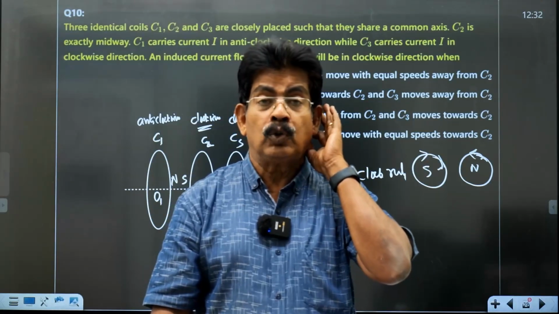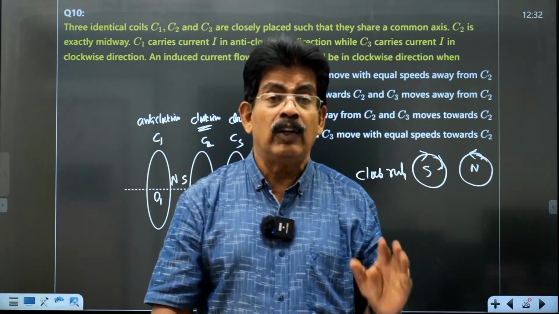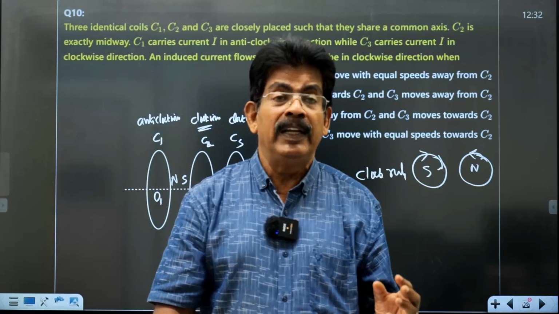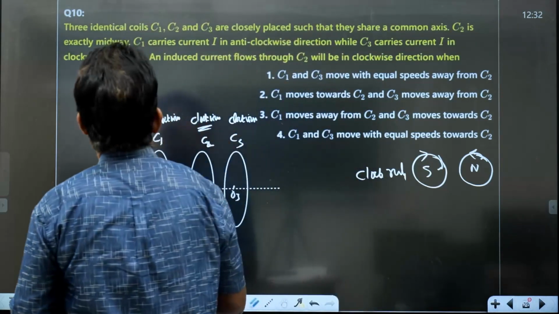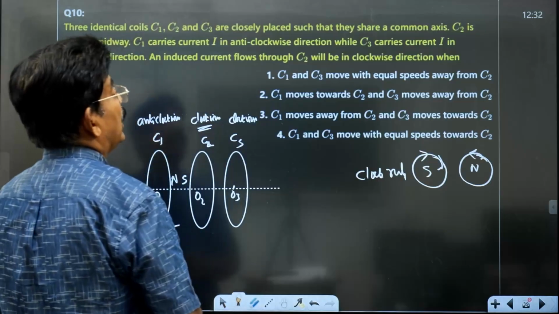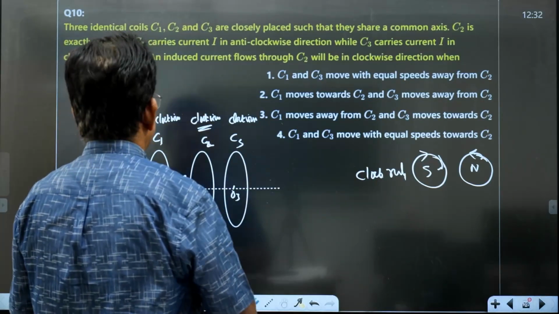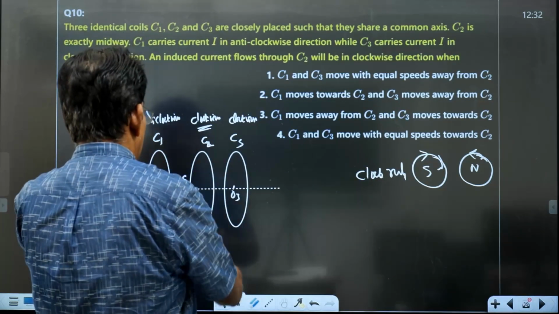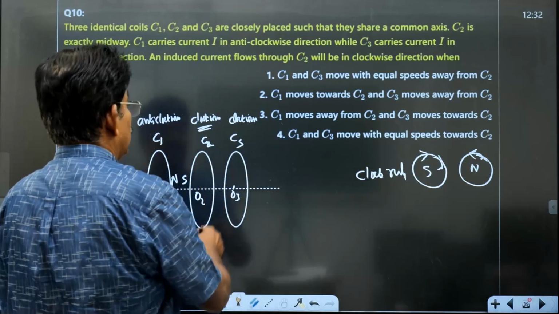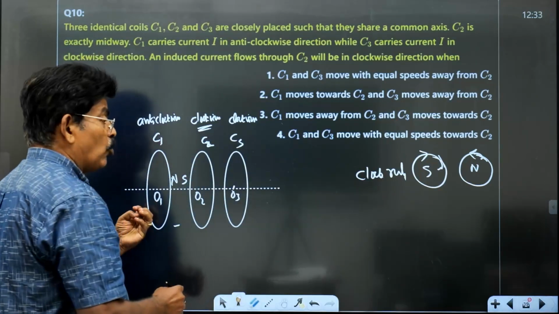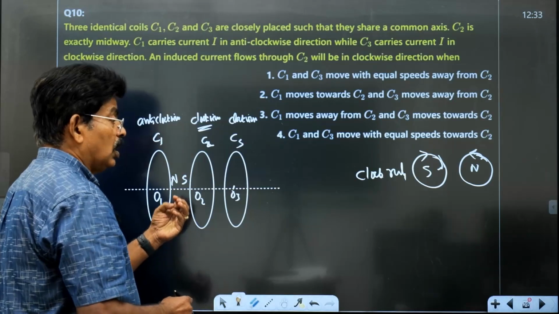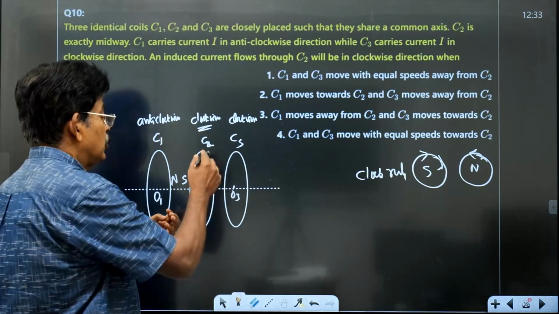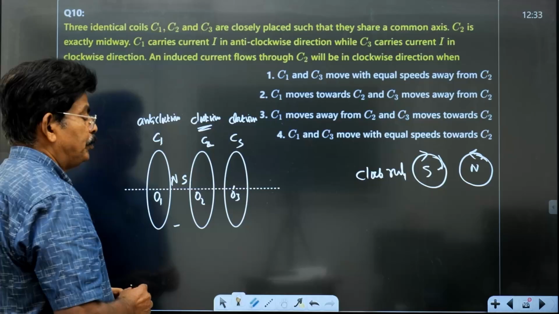The person at O2 will say that the side of the coil facing him will be a north pole. Now it is mentioned that due to the currents, there is an induced EMF and induced current developed in C2. That current is in clockwise. So somebody looking from O1 into the coil C2, the current is in clockwise direction, so he will feel a south pole.